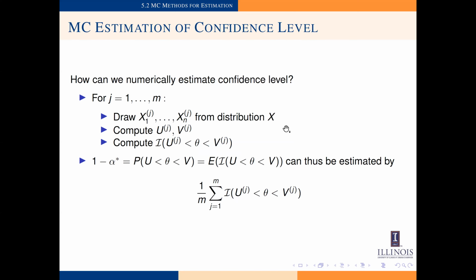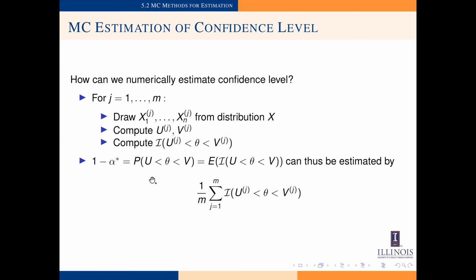And next, we can compute the corresponding uj and vj, which are the lower and upper bounds for the confidence interval based on this set of random samples. And then from there, we can compute whether the true parameter theta we're interested in is actually within this confidence interval. So again, we apply the indicator function to find out yes or no.